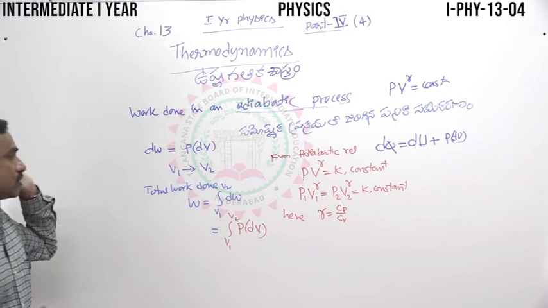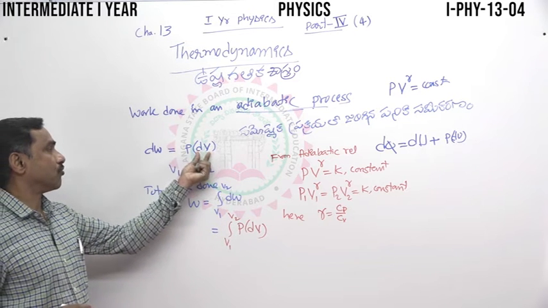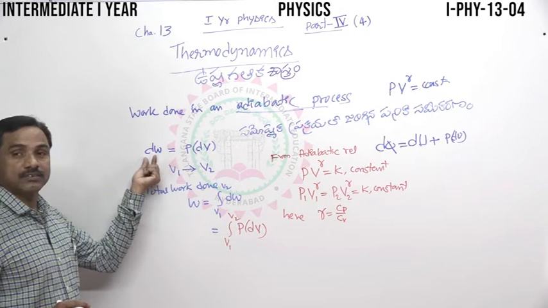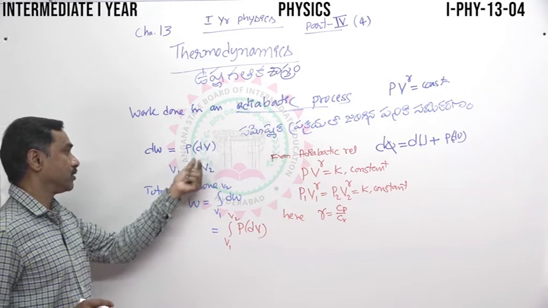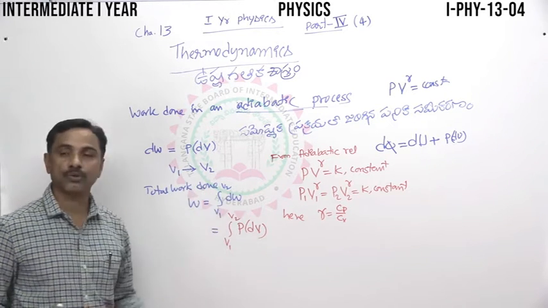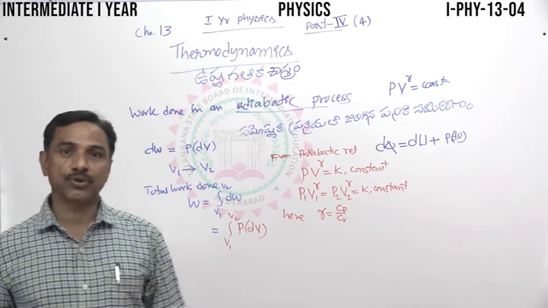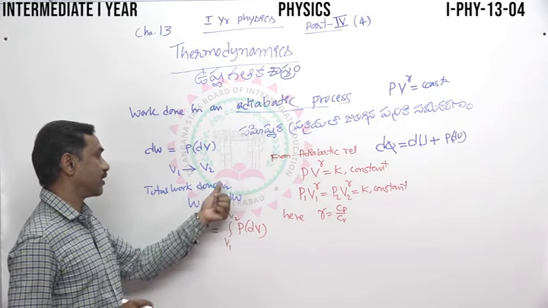So the work done in an adiabatic process for a small change in the volume, the work done by the system, is given by PdV. If the volume changes from V1 to V2, the total work done is obtained on integrating the above expression between appropriate limits V1 and V2.